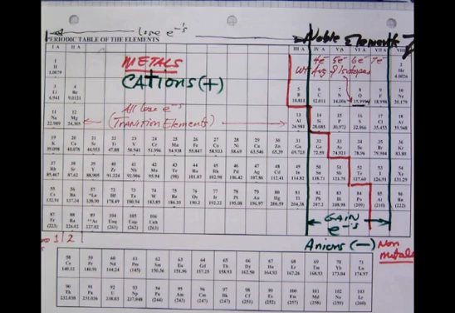It becomes cations. Those that are to the right of this staircase have a tendency to gain. They have enough protons to support gaining additional electrons. They will have an excess of electrons for this region right here, and as a result they will take on a negative charge and they will be anions.